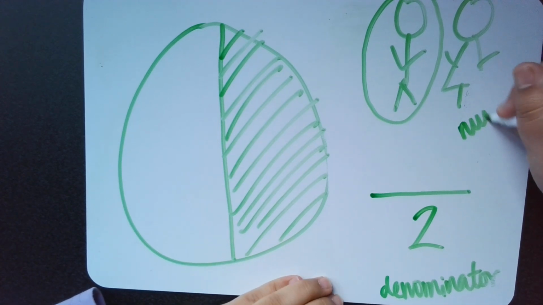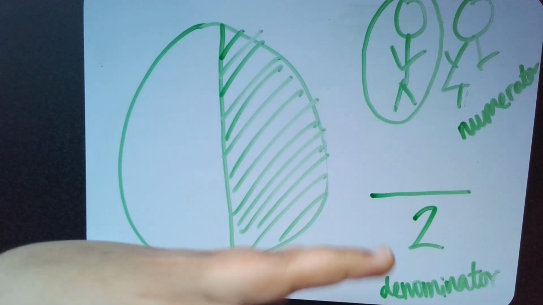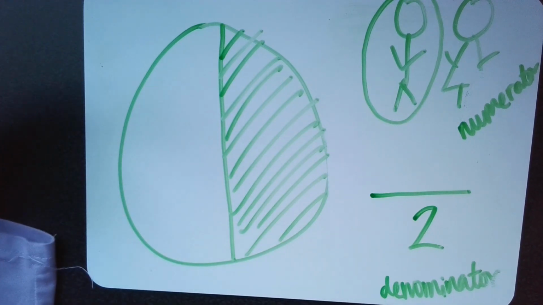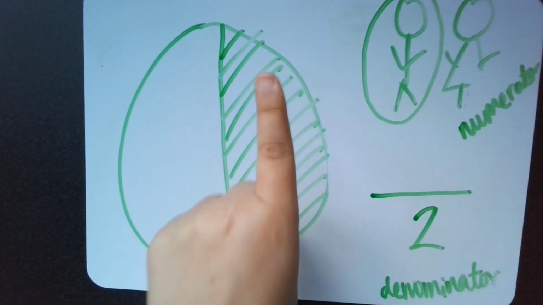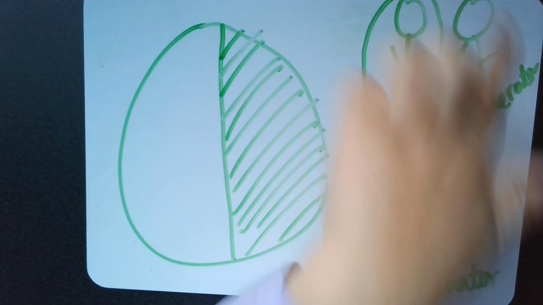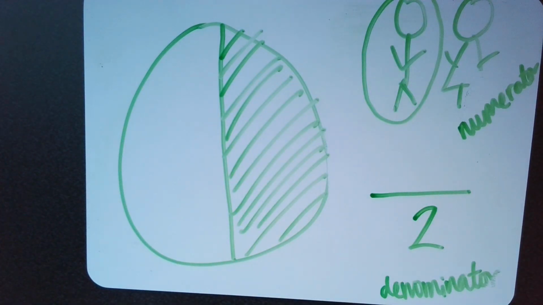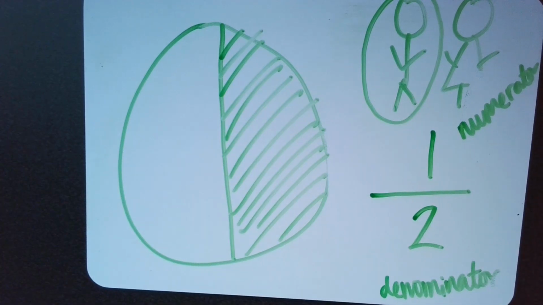My numerator is the number that goes at the top. That is the number of parts that we are looking at, or the number of parts that have been shaded. Well, in this circle, I've got 1 equal part that's been shaded. We're looking at 1 part because we're looking at the 1 person and how much he's eaten. So at the top, I'm going to write 1.